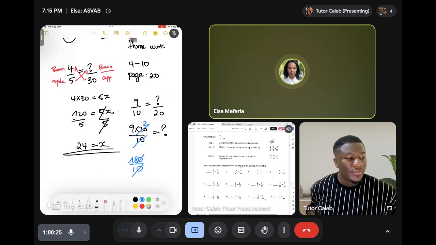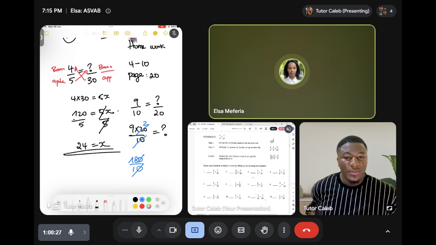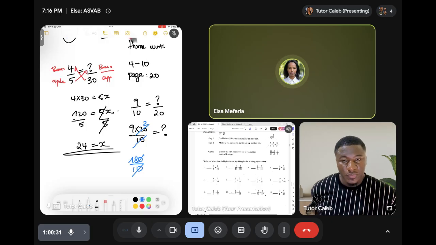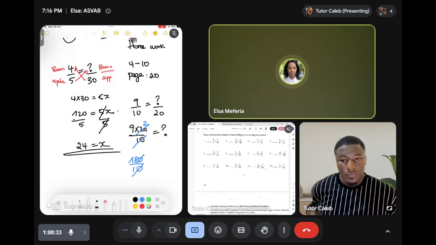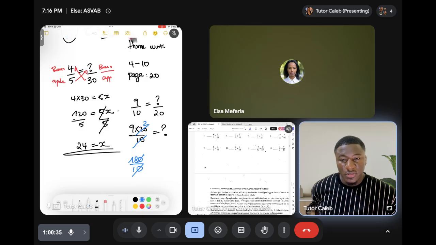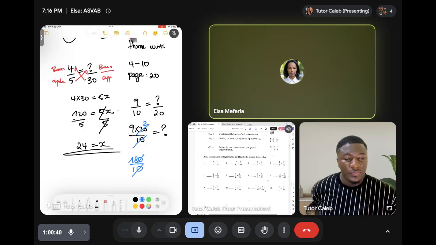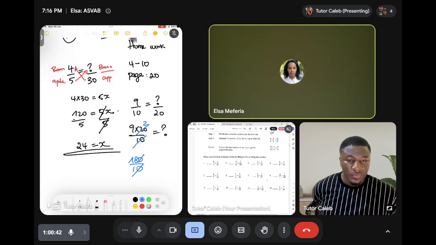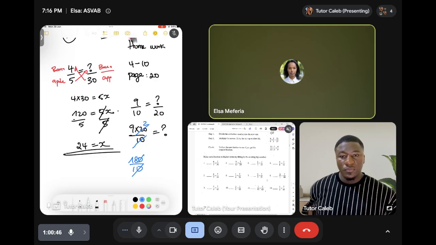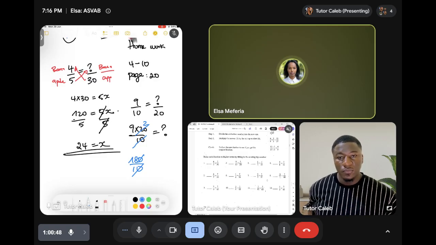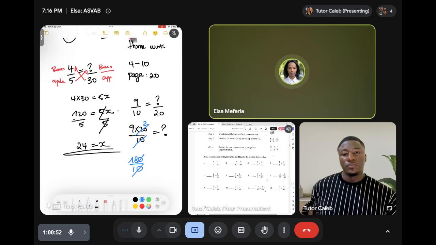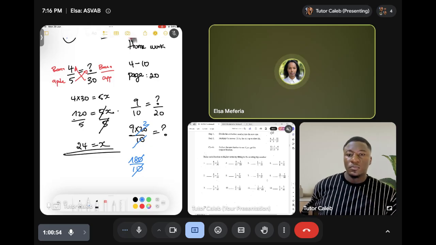Okay, 1 over 6 and then x over 18, right? So crisscross. I'm just gonna do crisscross because my head has learned crisscross. So 1 times 18, which equals 18, is going to equal 6x. 6x divided by 6, cross 6 out.